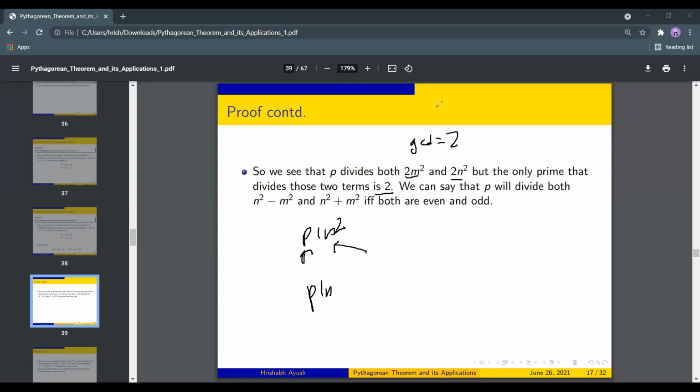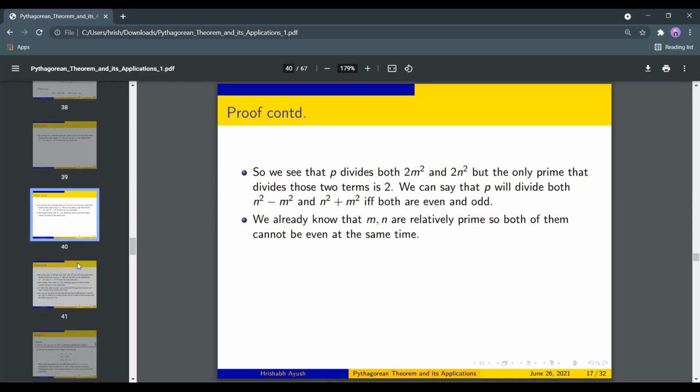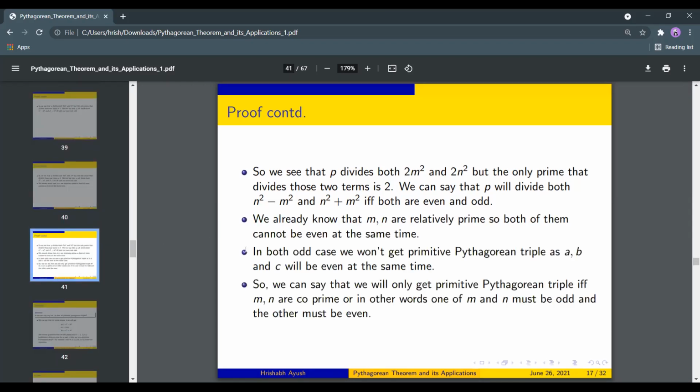We'll be seeing the Olympiad problem later in the slides after covering all the theory. So just wait for that. Okay, so let me clear that. So in both odd cases, we won't get the primitive Pythagorean triple.